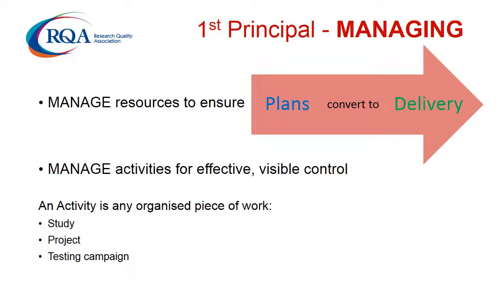Activities must be managed so they are under effective and visible control. An activity is any organised piece of work, such as a study, project or testing campaign. Individual tests will be conducted according to standard procedures or instructions. And plans are about how the tests are organised within the activity.